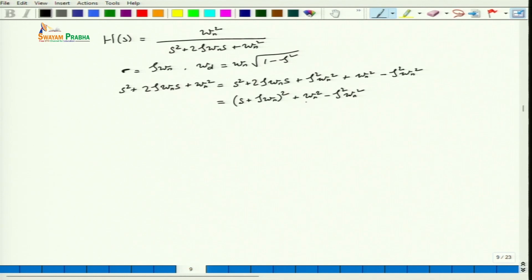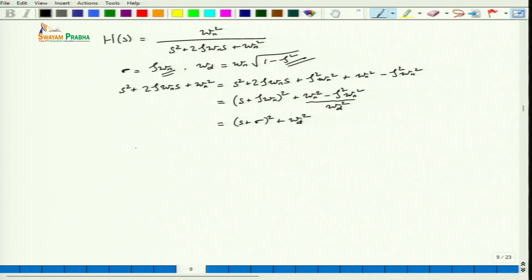This particular part will be basically omega d squared from this relationship. So we can express this as (s plus sigma) squared plus omega d squared.